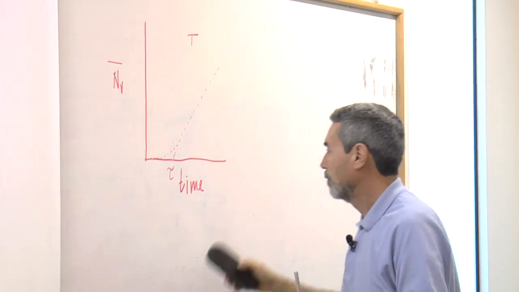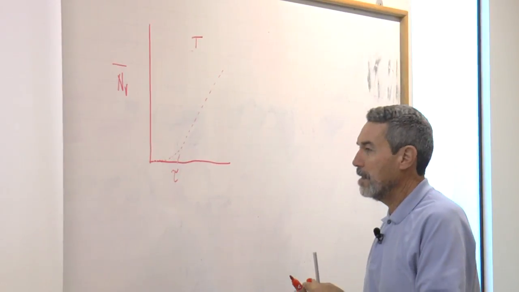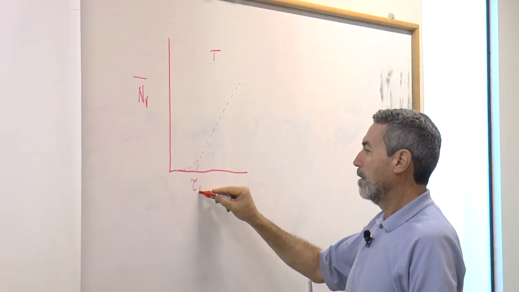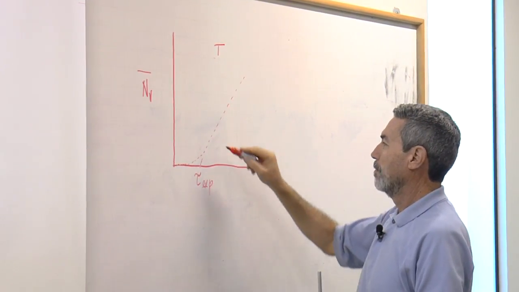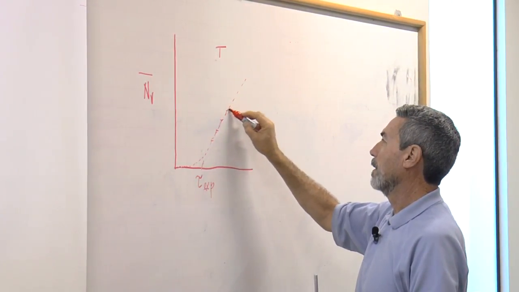Tau. This is the experimental tau. These are experimental data.